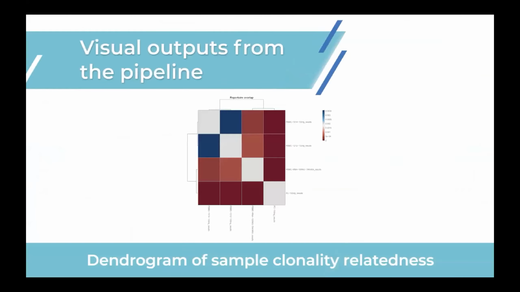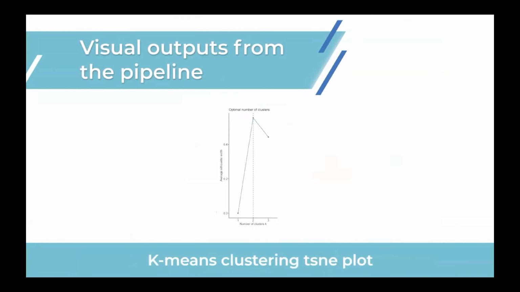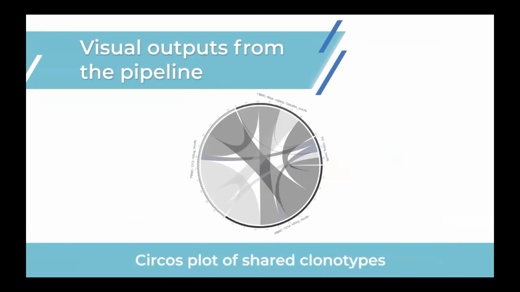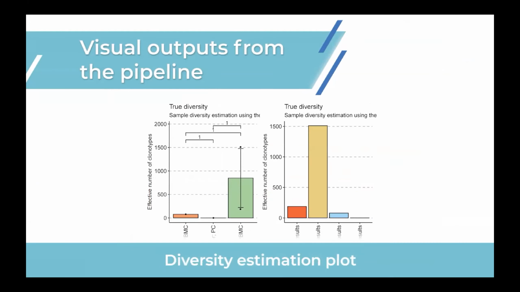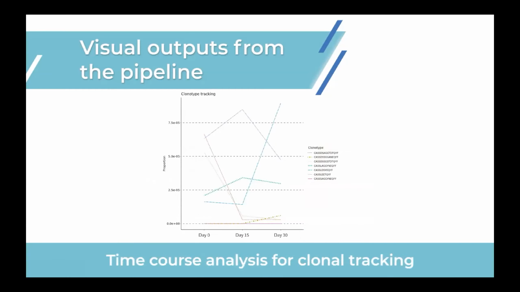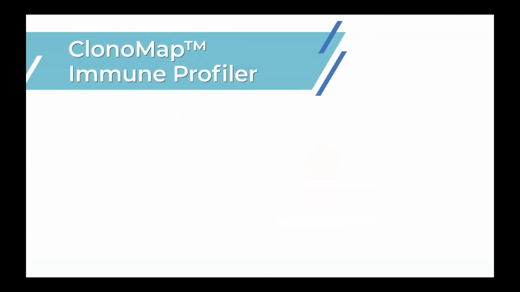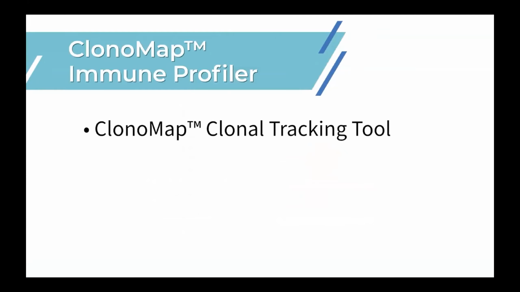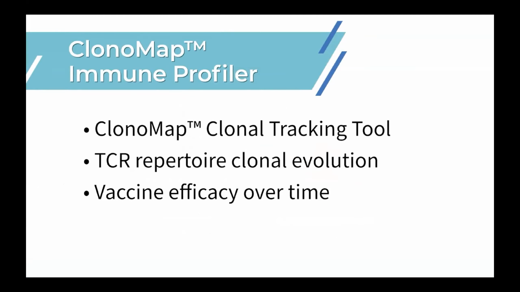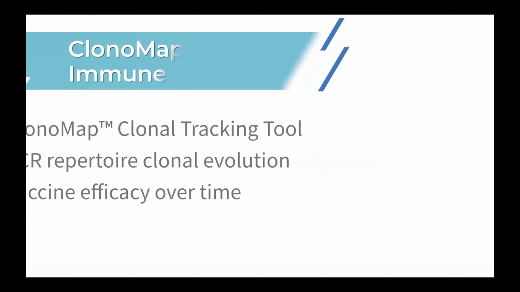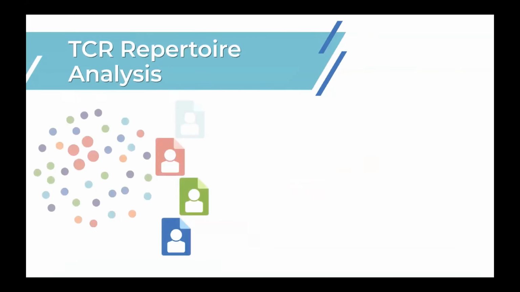We also have visual outputs. Some of them are shown here. There is a repertoire clonality comparison, clustering of samples, circos plots to look at shared usage, V-gene usage plots, diversity estimation, and time course analysis for clonal tracking. In the next section, you'll see an example of how we've applied this tool to a vaccine study where they took PBMCs at multiple time points to look at how the TCR clones are changing over time.